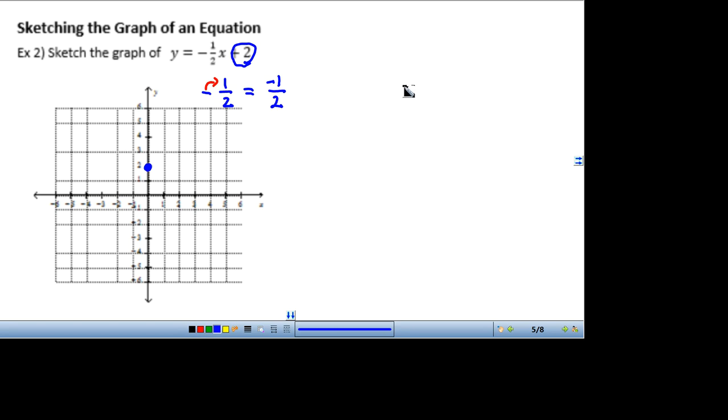Now the negative 1, remember, everybody can remember rise over run. That negative means I'm going to go down because my rise is negative. And my run is a positive 2. So positive 2 is my positive run, this is my negative run.